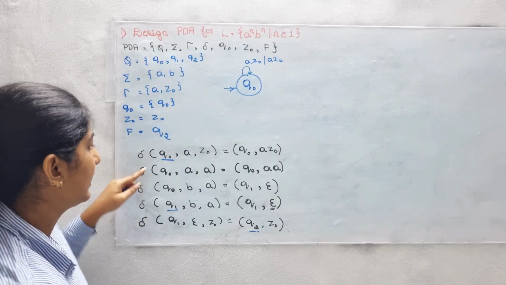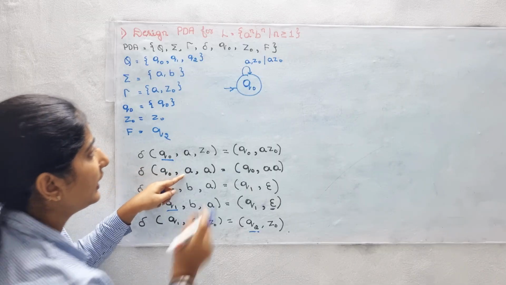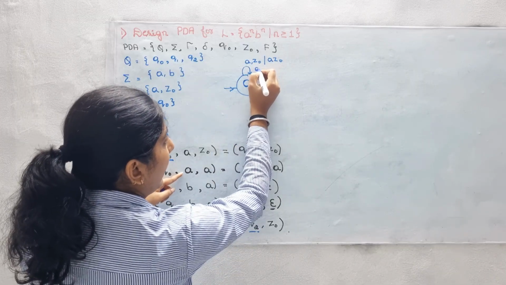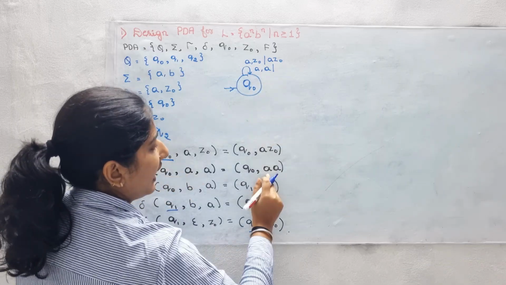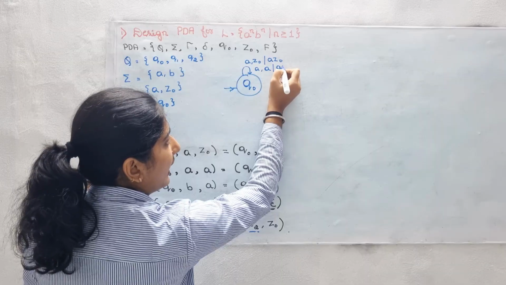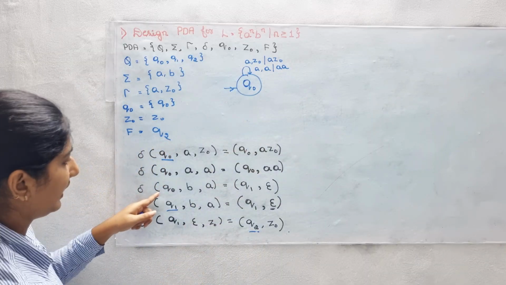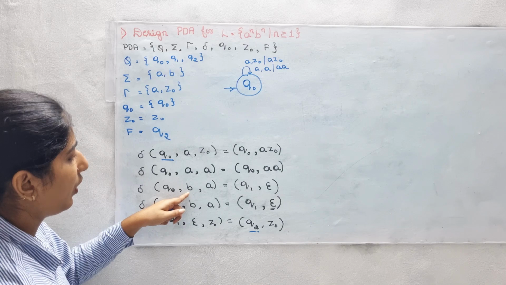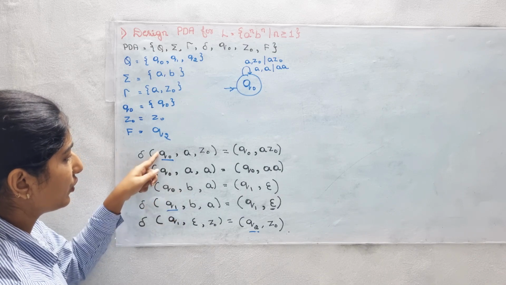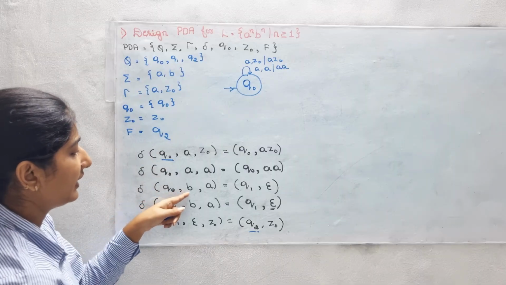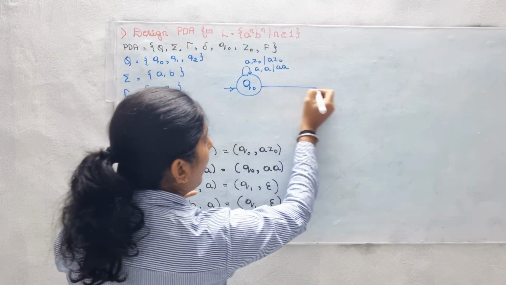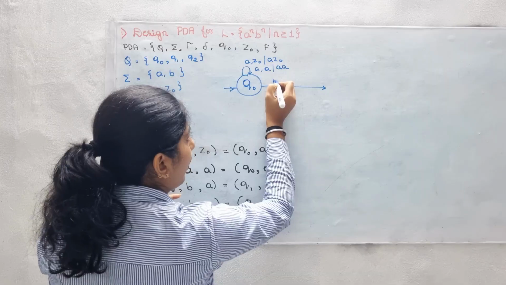Then Q0 on input symbol A and top of the stack A, it will have this A, and then Q0 on B. So Q0 will remain in Q0 on these two cases only.